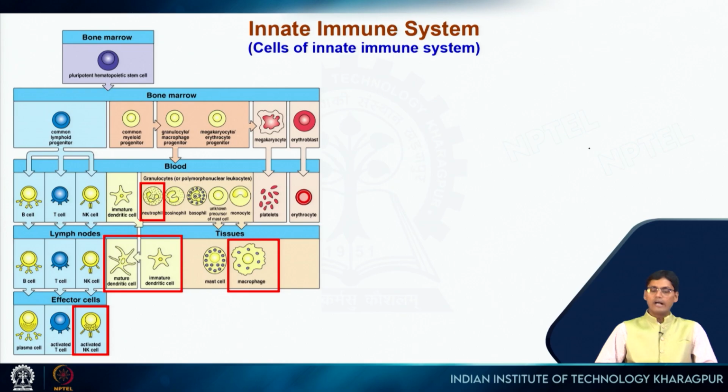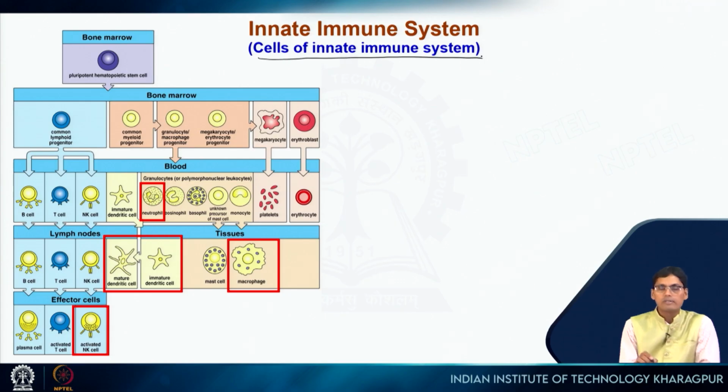Now, I would like to focus on the cells of the innate immune system. This figure I explained during the last lecture, how different types of blood cells originate from bone marrow. But now I will focus on only 4 to 5 different types of cells here.